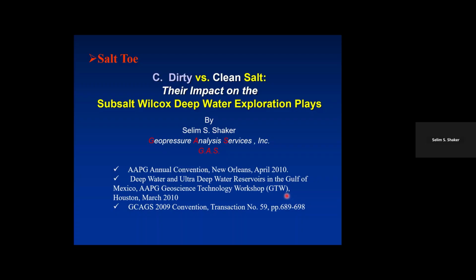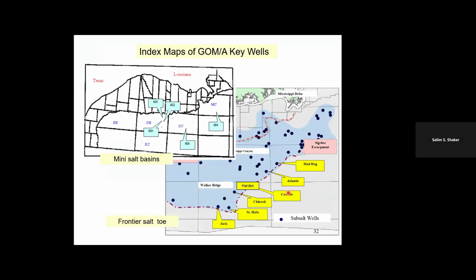Now, let's see that big producing trend. We call it the salt toe or the salt thrust belt. I have written a paper with the help of my geophysicist and people I work with, and it was published in Interpretation last year.